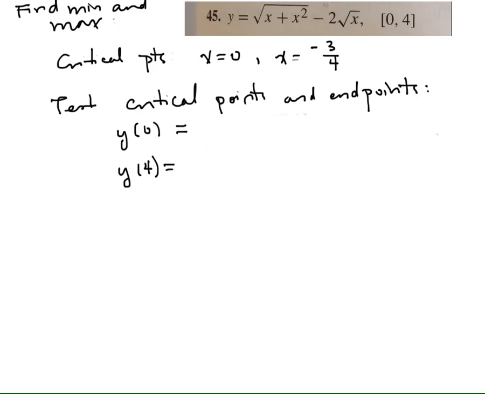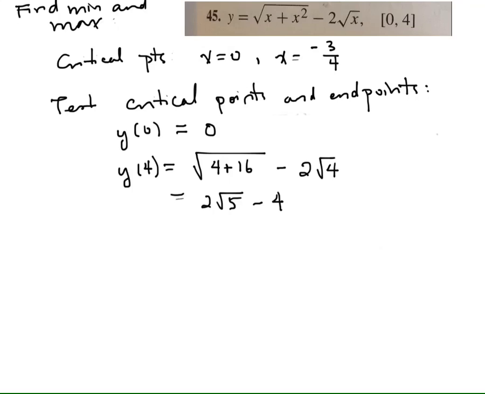So if we plug in 0, the value is 0. If we plug in 4, let's see, we get the square root of 4 plus 16 minus 2 square root of 4. So that's the square root of 20, which is 2 square root of 5, minus 4.